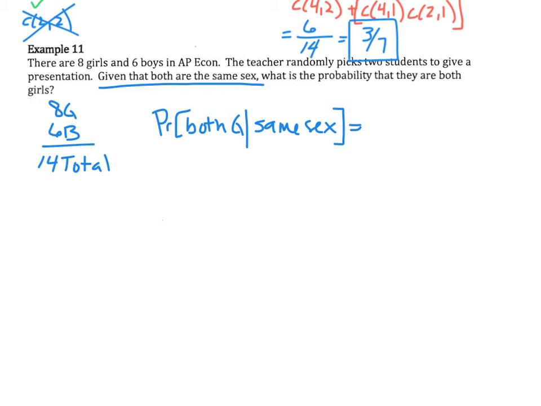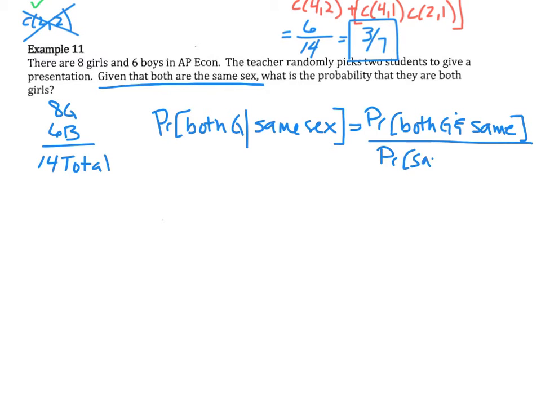Okay, so the top part needs to be both girls and same sex, and the bottom needs to just be same sex. The top part, if they are both going to be girls and they're the same, that would be 8 choose 2.